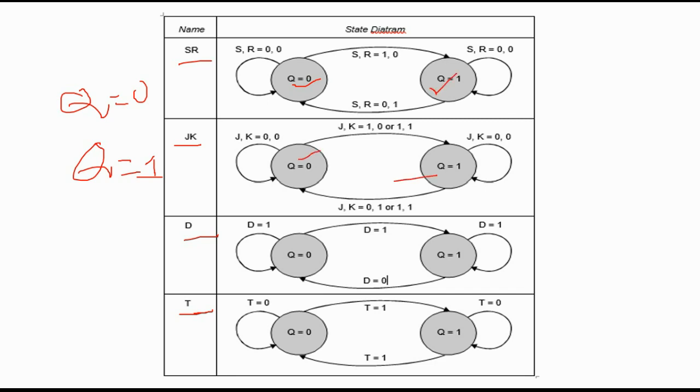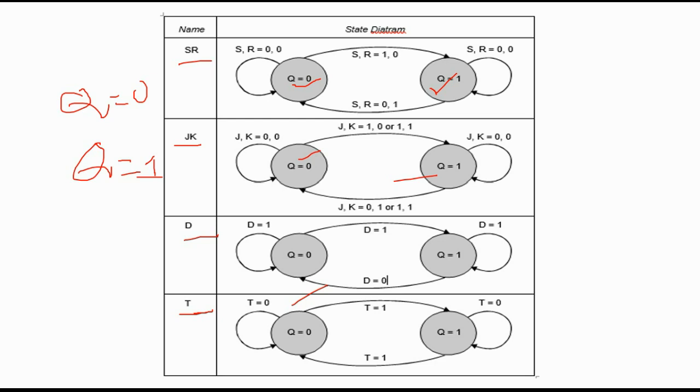That's why I have represented them with circles everywhere. Then S equal to R equal to 0, this is the case. Like that, I have developed the state diagrams for the different flip-flops.